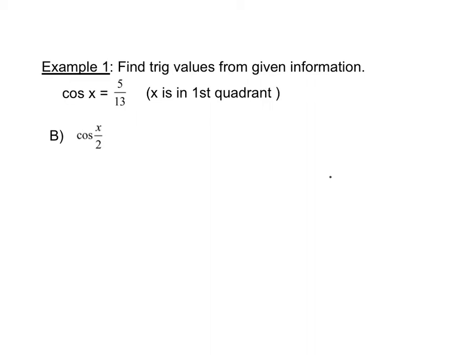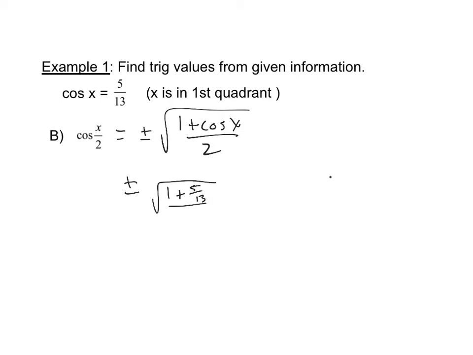So if you look back, it's plus or minus the square root of (1 plus the cosine of x) over 2. Okay, so plus or minus square root of (1 plus 5/13) over 2. Now, once I've got numbers in there, they tell you it's in the first quadrant, so you only want the positive. You don't care about the negative.